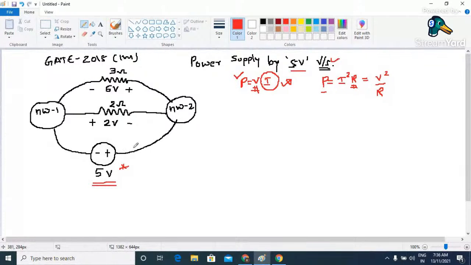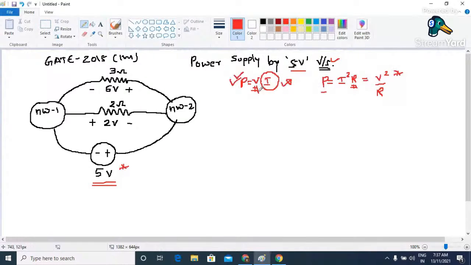But in this numerical, as the internal resistance is not known to us, we can treat this as not applicable for this particular case. So the objective is to calculate the value of power, and we are going to use this particular formula, which is P equals V into I.